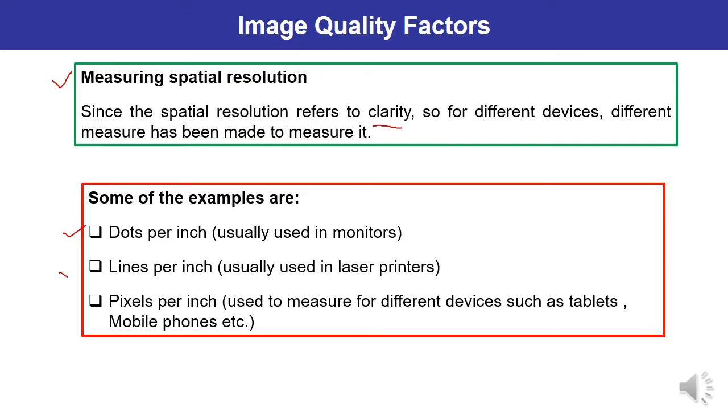Another example is lines per inch, commonly used in the case of laser printers. And the third example is pixels per inch, commonly used for various devices like tablets, mobile phones, etc. So these are the three commonly used measures of spatial resolution: dots per inch, lines per inch, and pixels per inch.